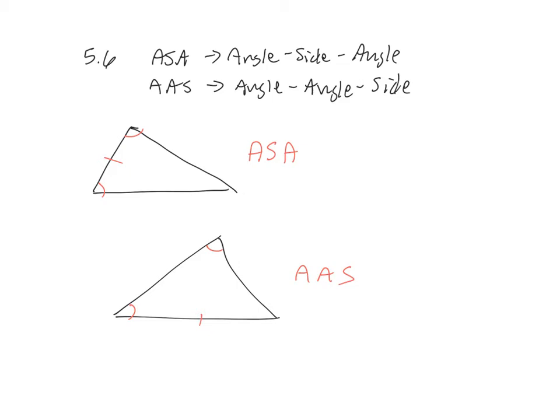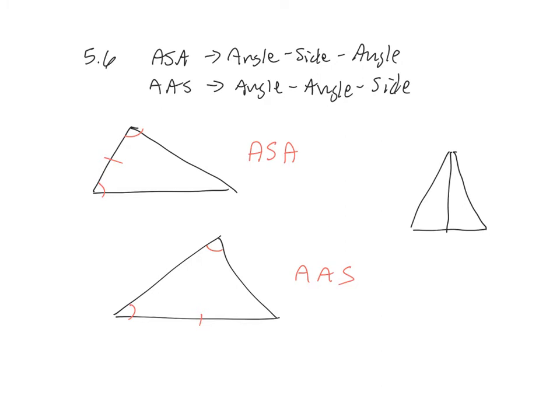Okay, so there's really not anything super different in this section compared to the other ones. It's just different reasons. We've seen this picture here, trying to prove the two triangles congruent.